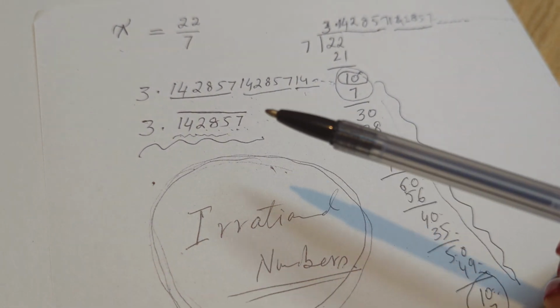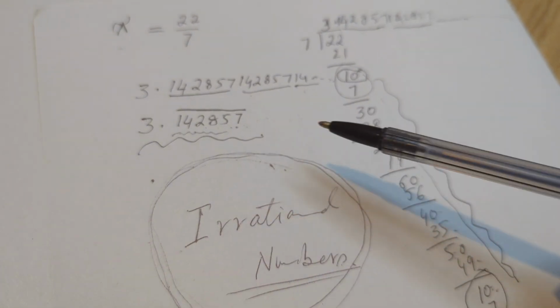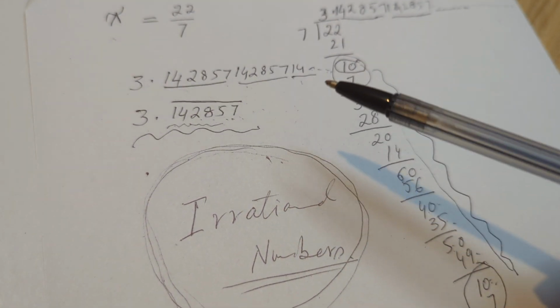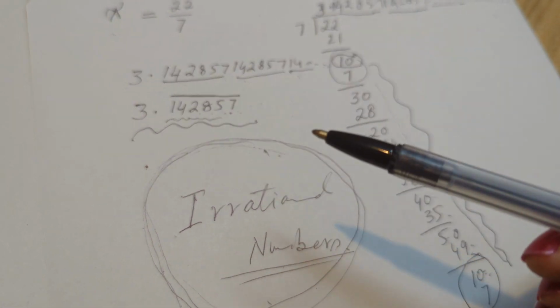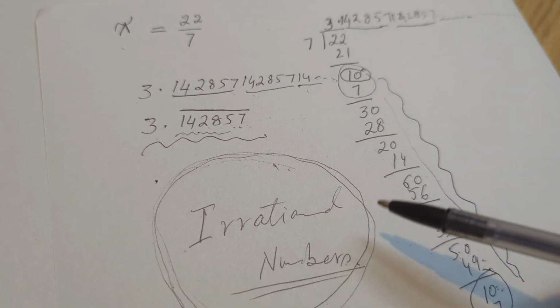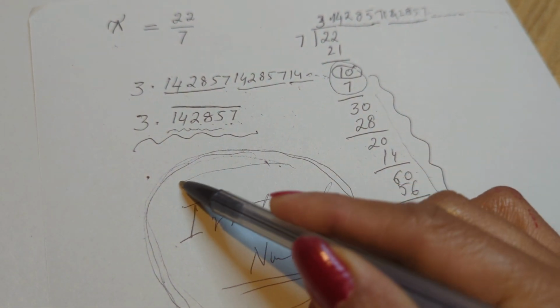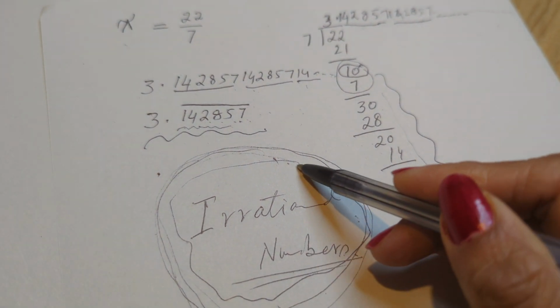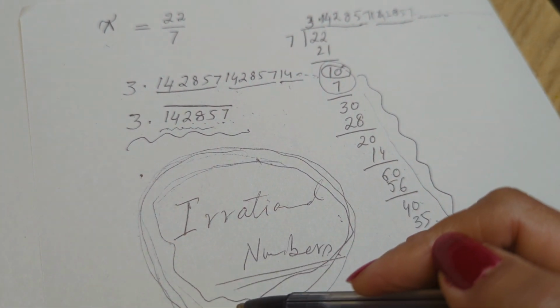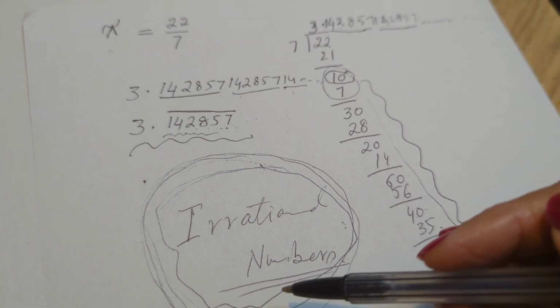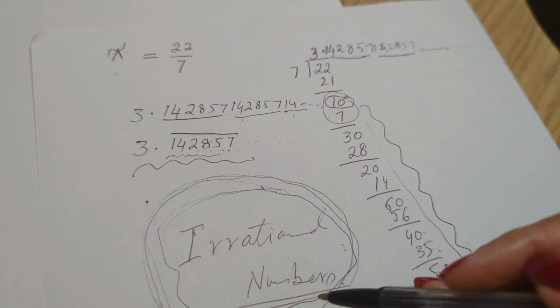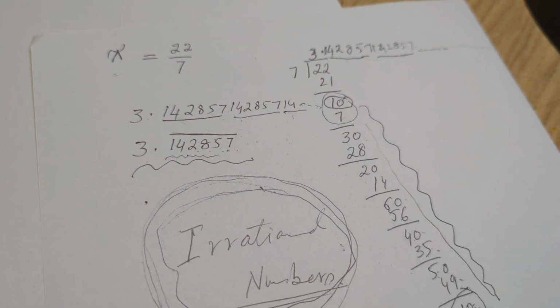There is no number or set of numbers repeating itself. So it's called a non-recurring, non-terminating decimal fraction. And this is the definition of an irrational number, right? Keep it in mind, these are irrational numbers. So this is the main difference between rational and irrational numbers.